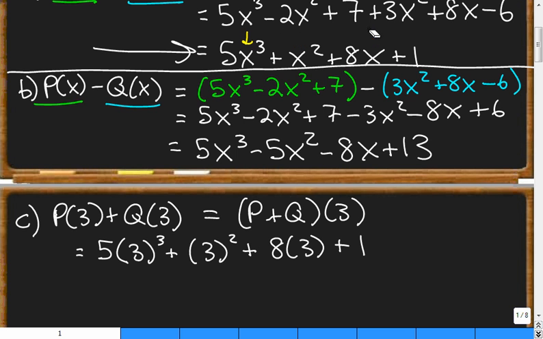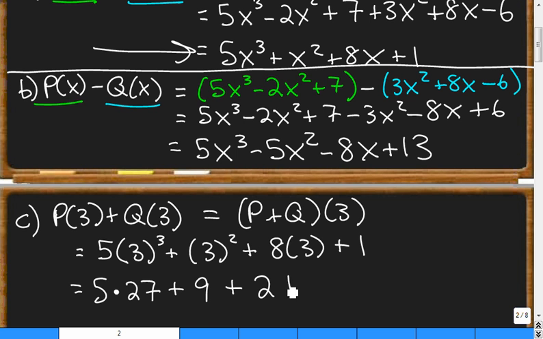Now this is important that we're not cubing the 5x up here. We're just cubing the x. The 5 is being multiplied out front. So we need to just go through and evaluate this. So we have 5 times 3 cubed is 27. 3 squared is 9. 8 times 3 is 24. And we have a positive 1 at the end.